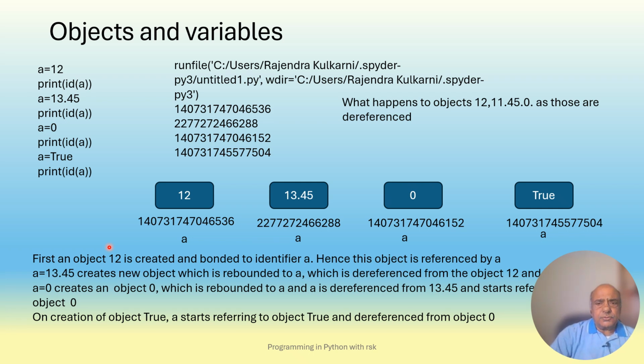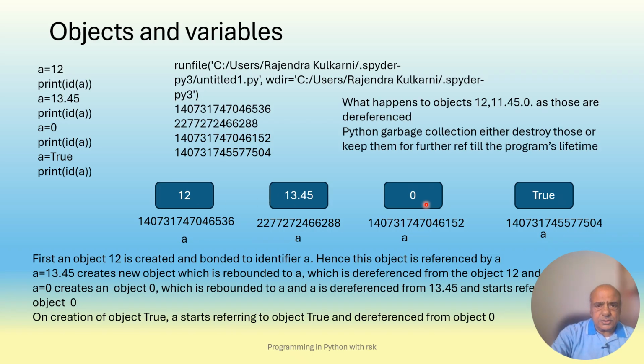Then what happens to the earlier objects? Lastly, we have created A is equal to true, so true is the object. So what happens to 12, 13.45 and 0? They are getting dereferenced. Here comes Python's garbage collection mechanism.